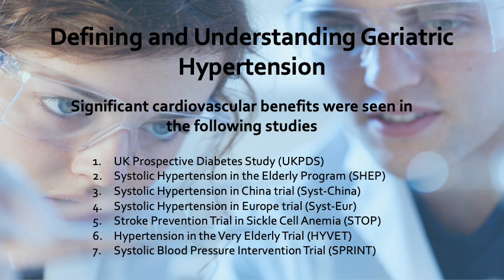The Stroke Prevention Trial in Sickle Cell Anemia or STOP, and 6. The Hypertension in the Very Elderly Trial or HYVET. The latter study was in patients older than 80 years of age. And lastly, the Systolic Blood Pressure Intervention Trial or SPRINT, which is the most recent study that forms the basis for the ACC-AHA 2017 guideline on hypertension.